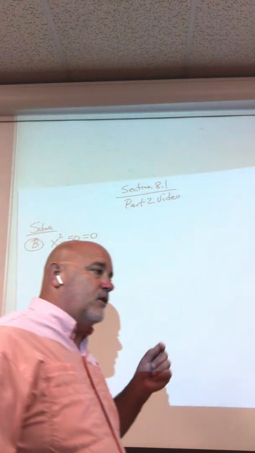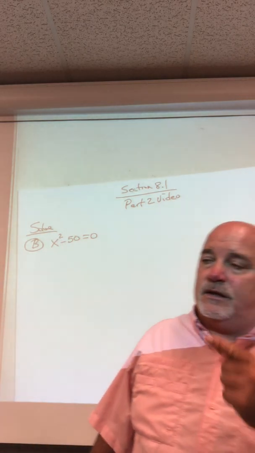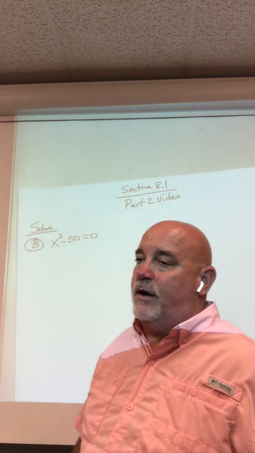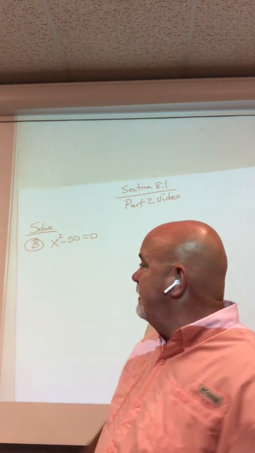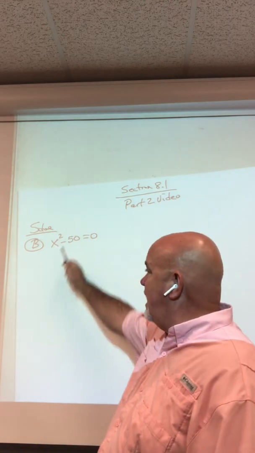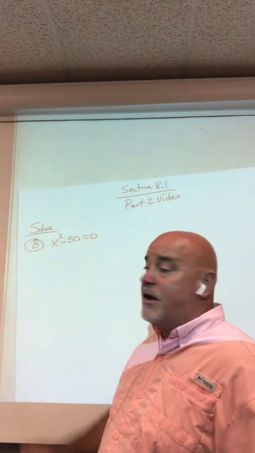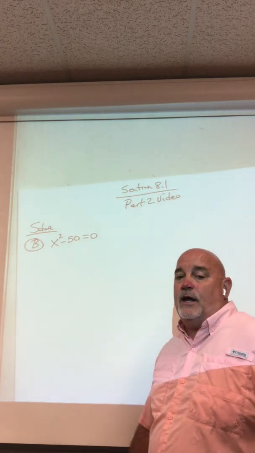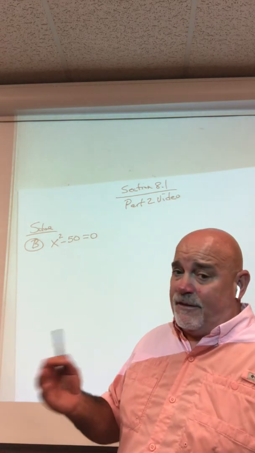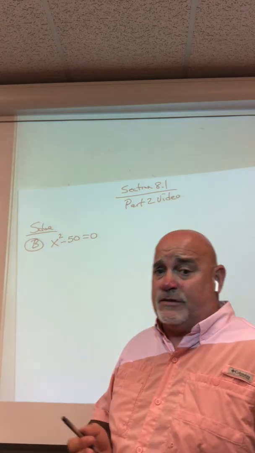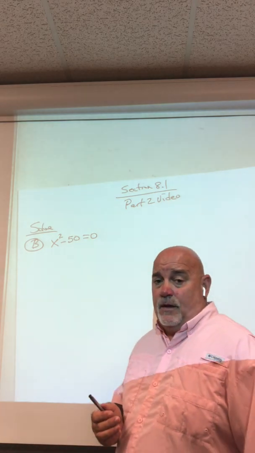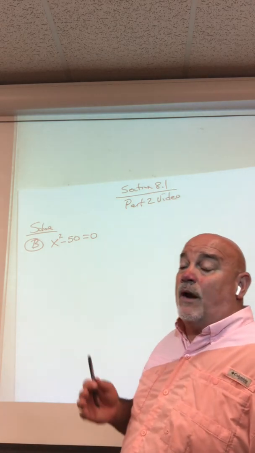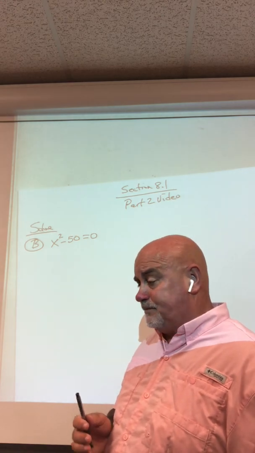Binomials will only factor as difference of two perfect squares or cubes. This is neither one of those. This is not the difference of two perfect squares because 50 is not a perfect square. So this problem right here could not be solved by the factoring method even if I wanted to use it. It won't solve it.